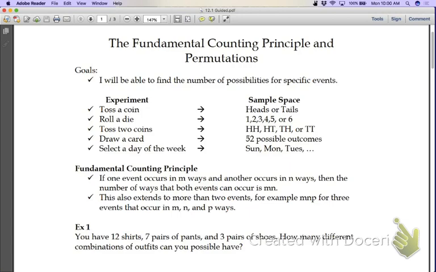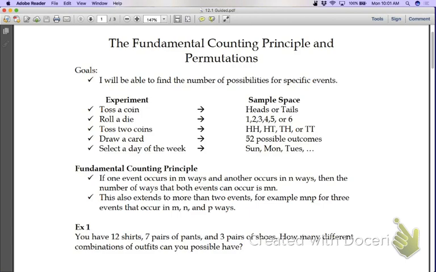So whenever it gives you certain scenarios or situations or events, whatever you want to call it, it'll be specific as far as what you're looking for. There are 4 suits: your diamond, your heart, your club, your spade, and so on. There's 13 of every single suit, giving you the 52 possibilities or the 52 cards.